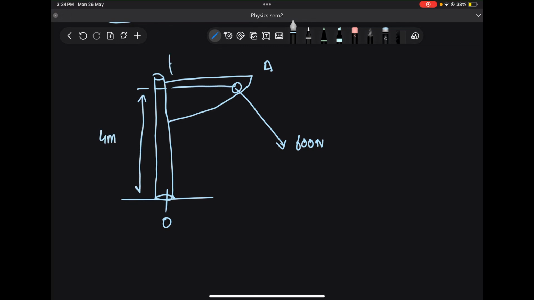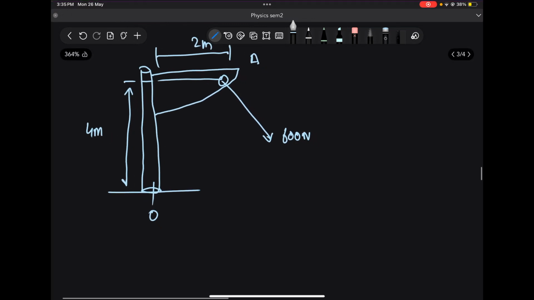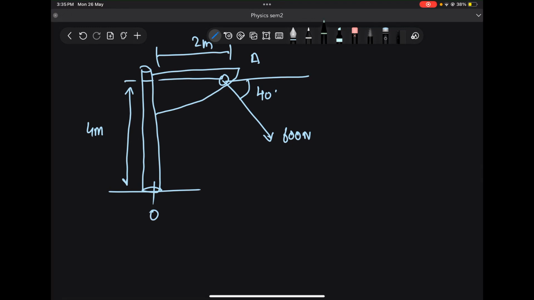This length is 2 meters. This angle is given to be 40 degrees, and you are asked to find out the moment of the 600 Newton force about base O.